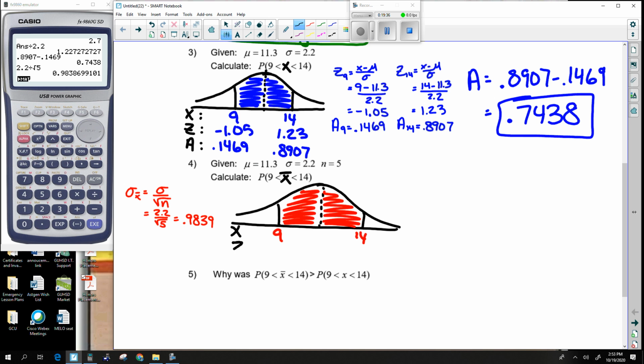Still need to do it the same way, x to z to area. However, the only difference is we have a different standard deviation. So here, when I divide by sigma, I'm not dividing by 2.2, but rather 0.9839.